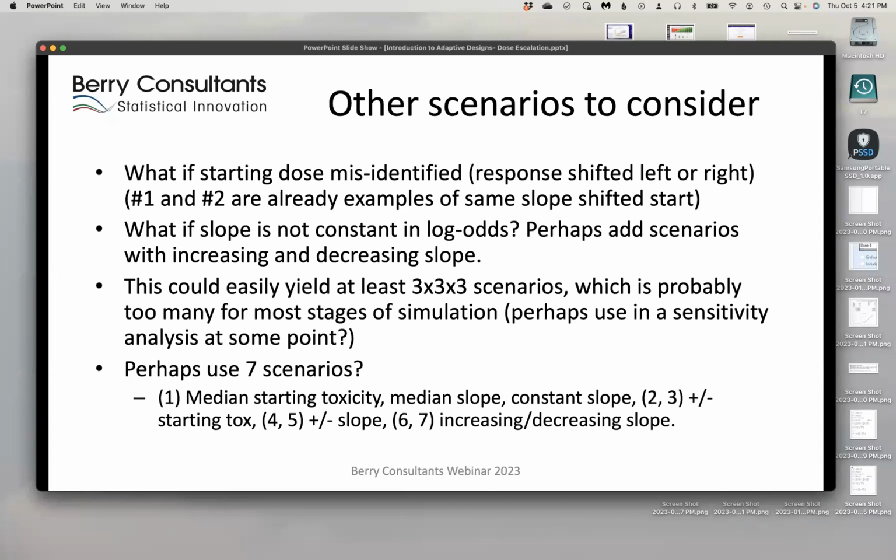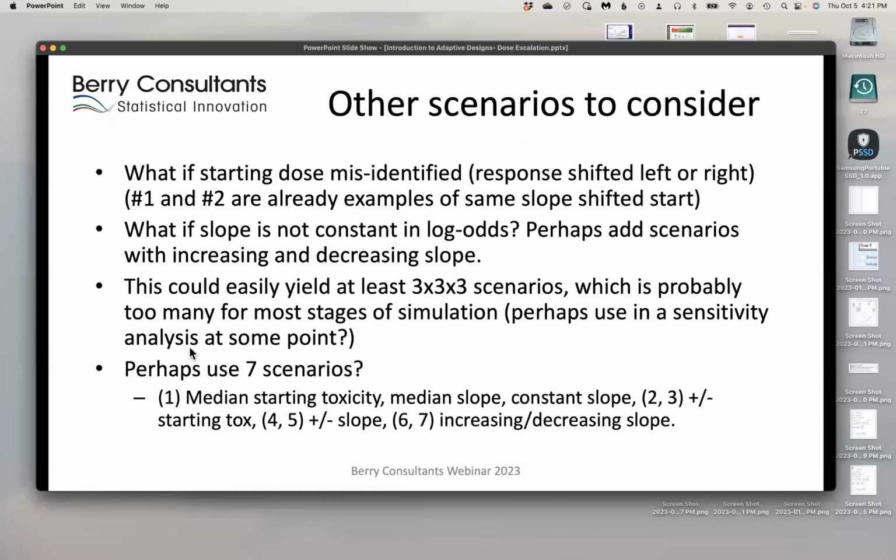So with 3 dimensions of uncertainty, we could easily yield at a minimum 3 by 3 by 3, 27 scenarios, which is already probably too many to contemplate.